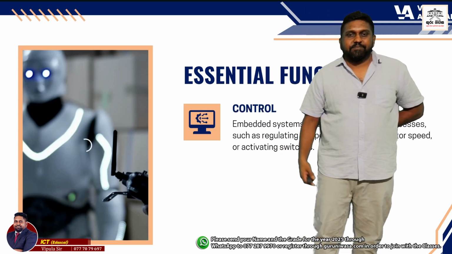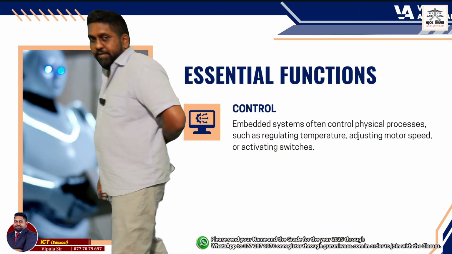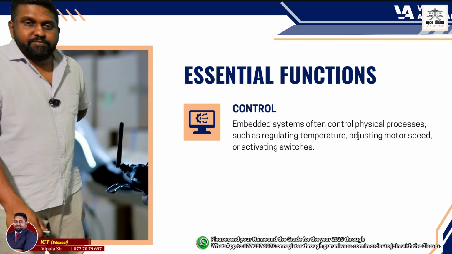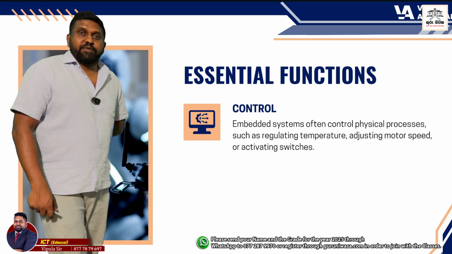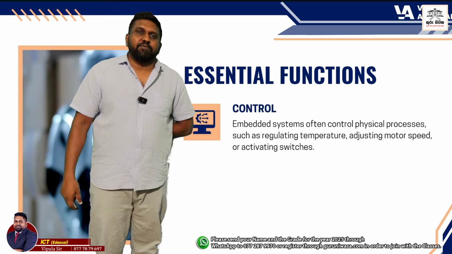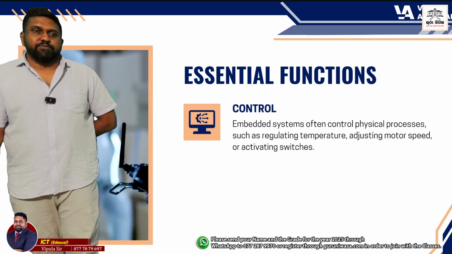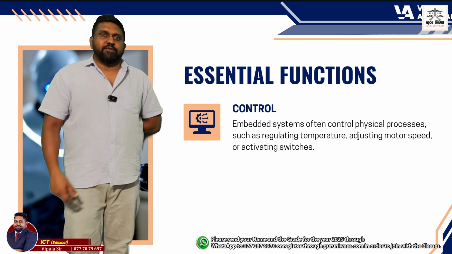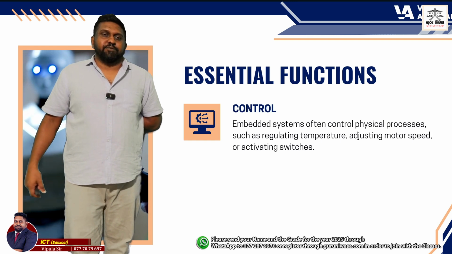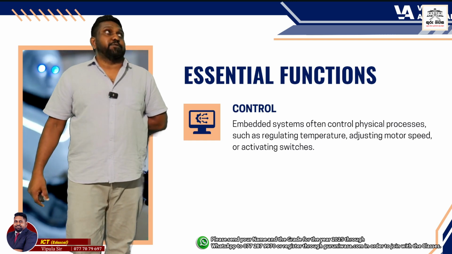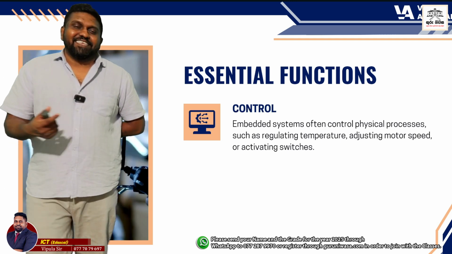Then we'll talk about the essential functions of a system. Primarily, embedded systems often control physical processes, right? They are mainly there to run some physical activities, like to move a robotic arm, or to adjust something, or to control motor speed, or to control the AC temperature and something like that.